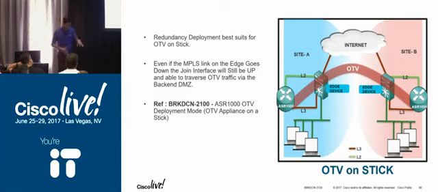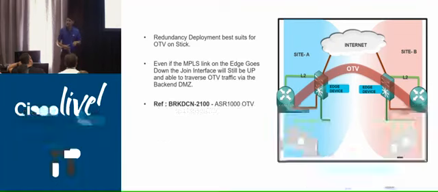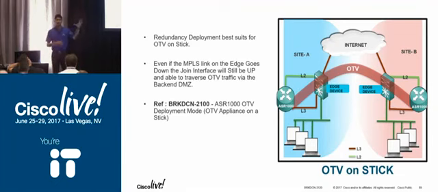This particular redundancy deployment best suits OTV on a stick, because my join interface won't be affected even if there is a problem with the primary ISP. Let's say I have two ISPs and two different connections towards the internet cloud. Primary link goes down. Still, your join interface in the back end will be up.